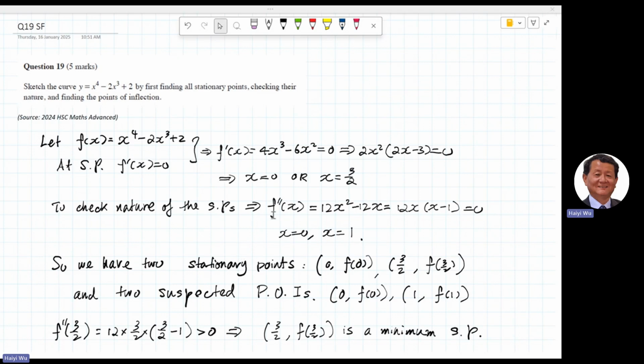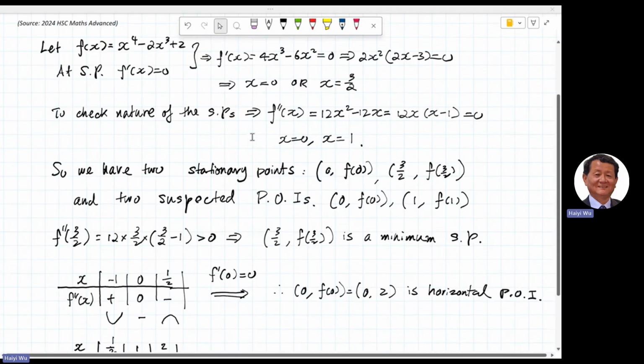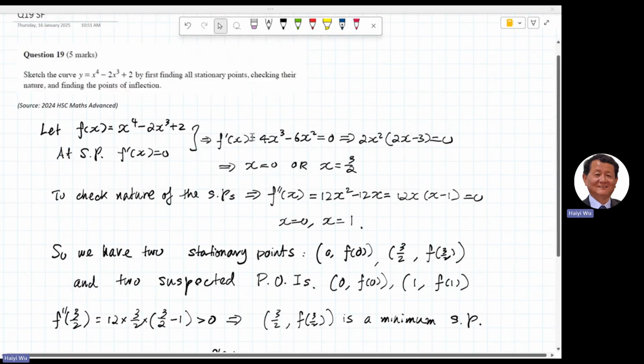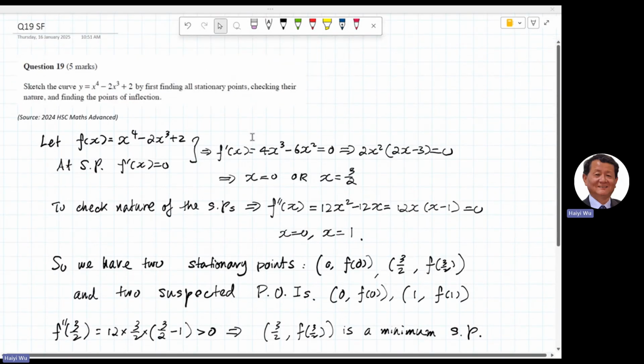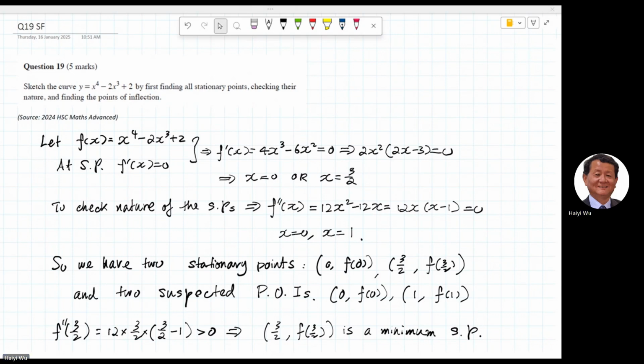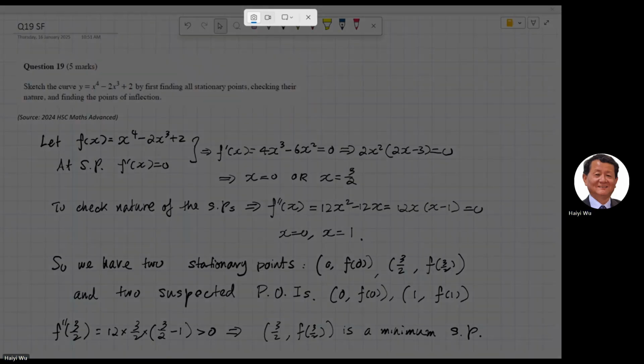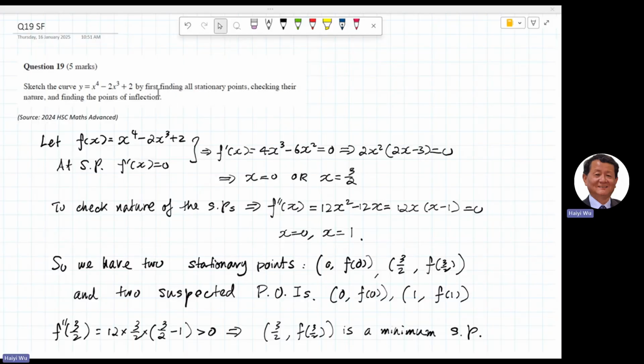We need to sketch the graph, but obviously we're going to discuss the nature of the stationary points first.